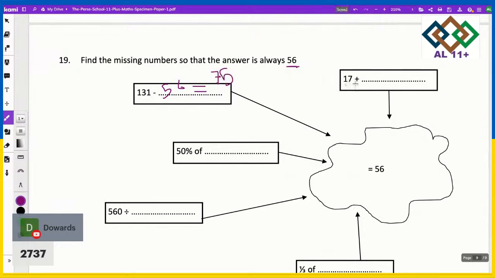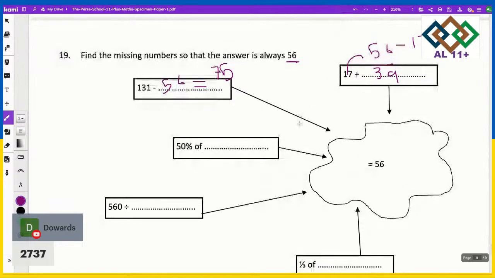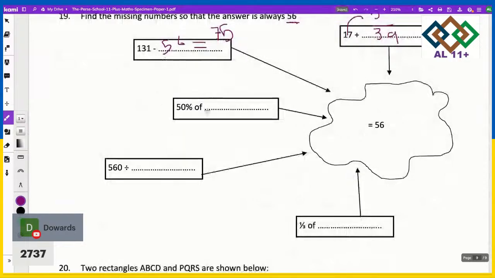And in this one, remember that you'll do the opposite. You'll do 56 minus 17 to get the answer. So that would be 39. So remember that wherever you are multiplying with this, you will need to get 56. So 50% of something.